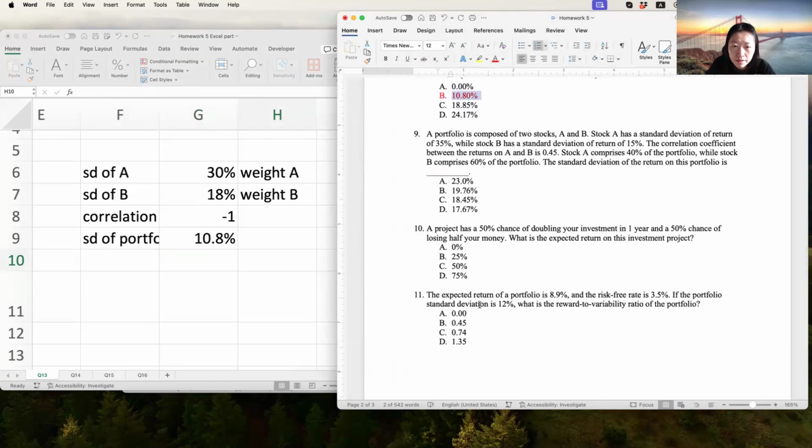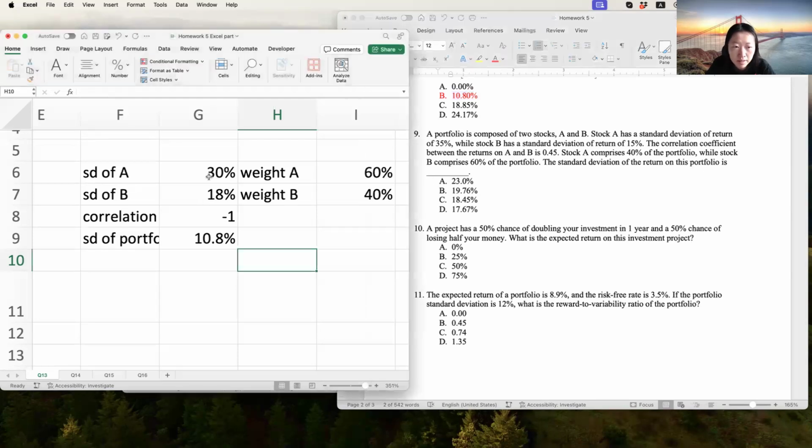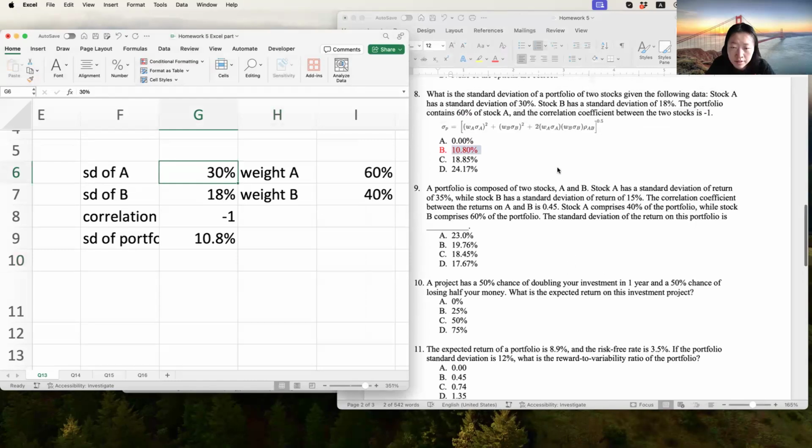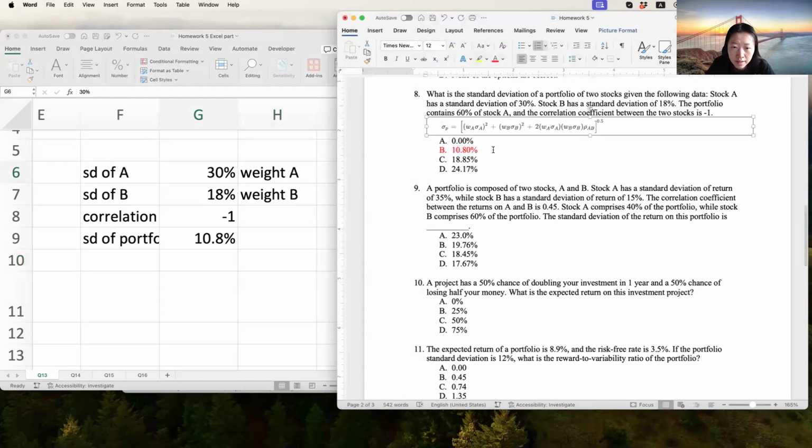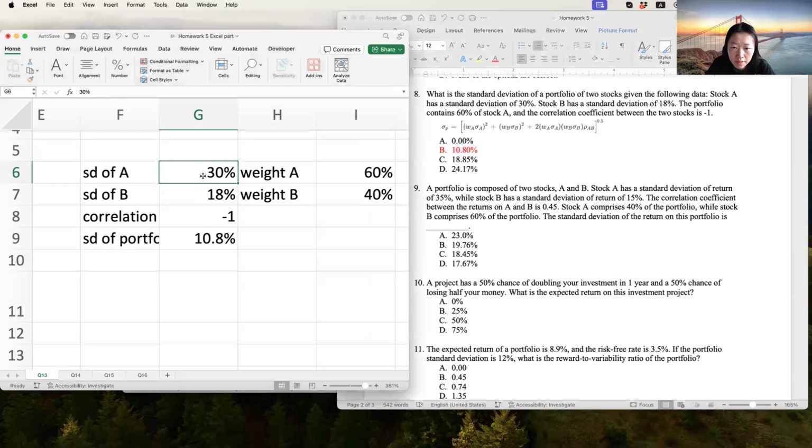All right, next. A portfolio is composed of two stocks, A and B. Stock A has a standard deviation of return of 35. Stock B has a standard deviation of return of 15. The correlation between A and B is 0.45. A is 40, B is 60. I'm just going to change the numbers here since the formula is the same as above.